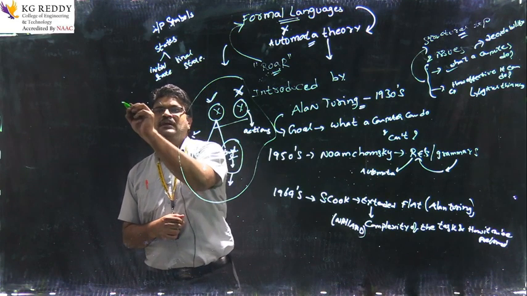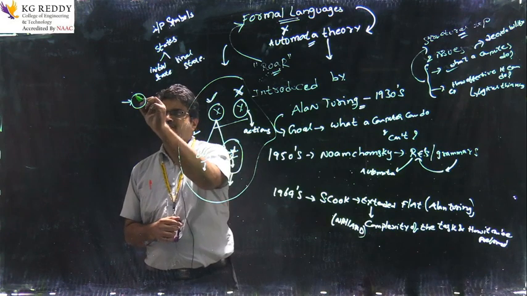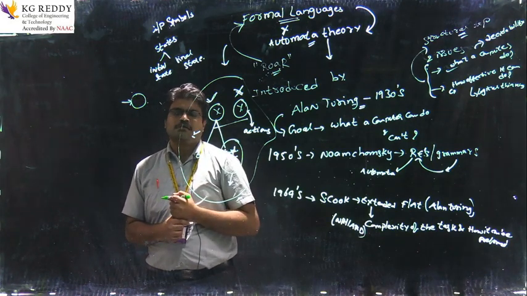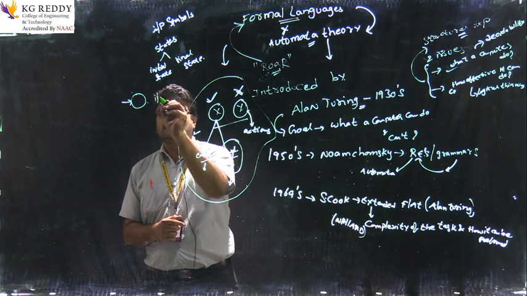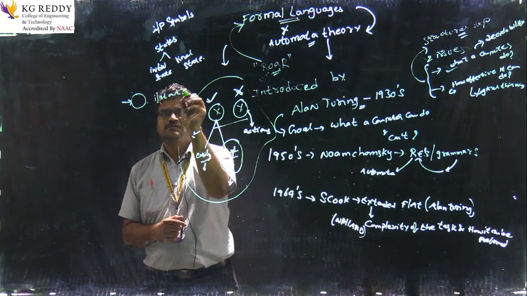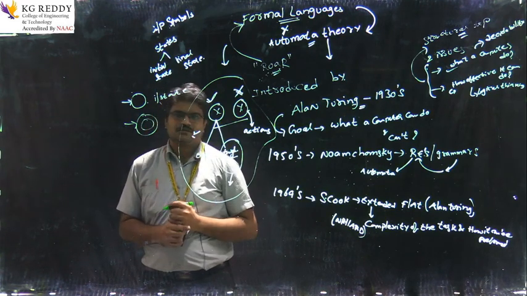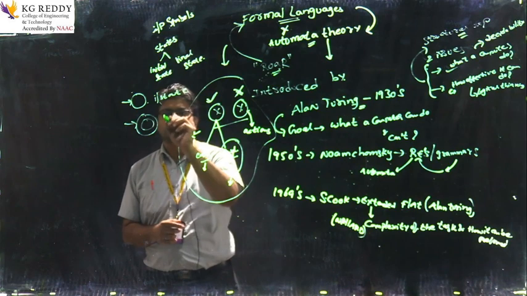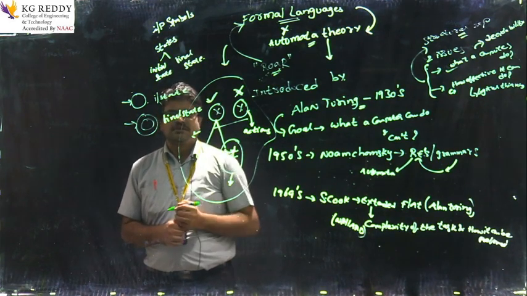An initial state can be represented with a circle which includes a small link. This is called an initial state. A final state will be represented with double circles. This is called a final state.